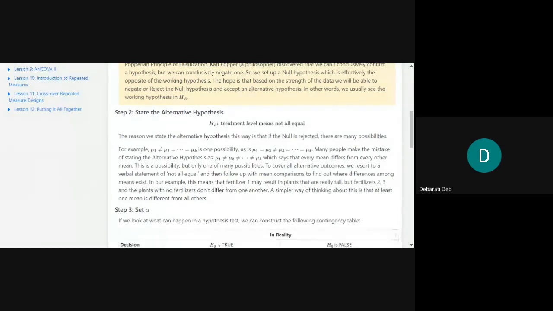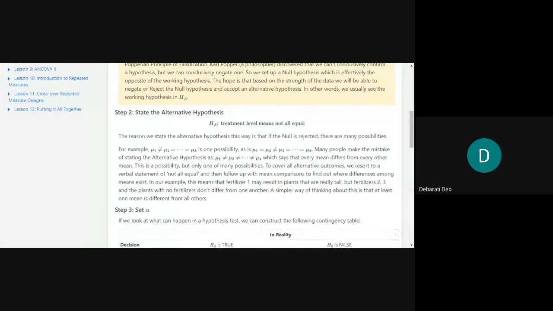Many people make the mistake of stating the alternative hypothesis as mu1 not equal to mu2, not equal to mu3, like that, not equal to mu k, which says that every mean differs from every other mean. Some people make mistakes by stating that the means of all the groups of plants are not equal to anyone else.